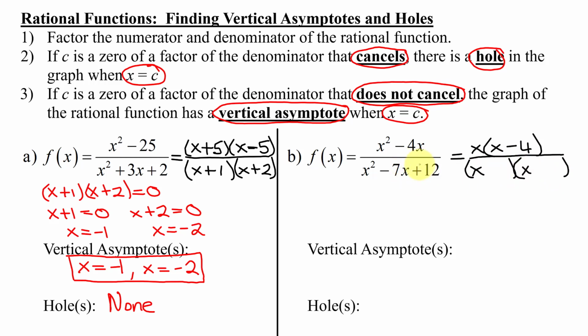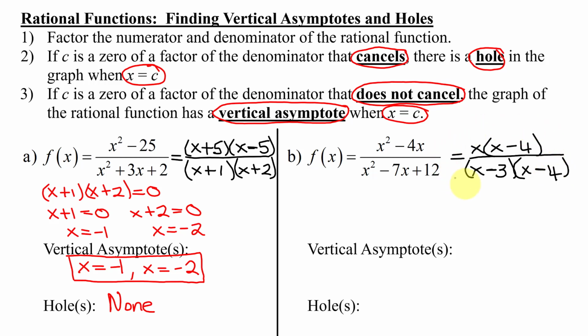Two numbers multiply to a positive, the signs are the same, but they add to a negative, so both signs have to be negative. Two numbers that multiply to 12 and add to negative 7, I think it's negative 3 and negative 4.